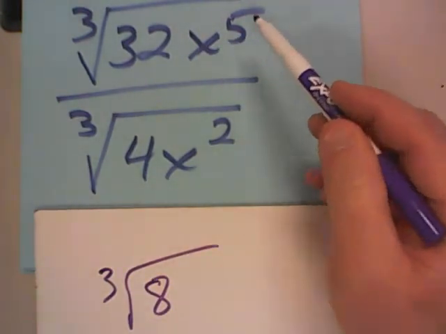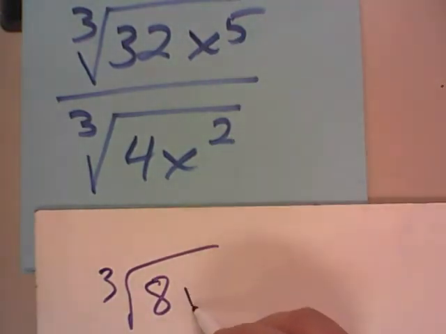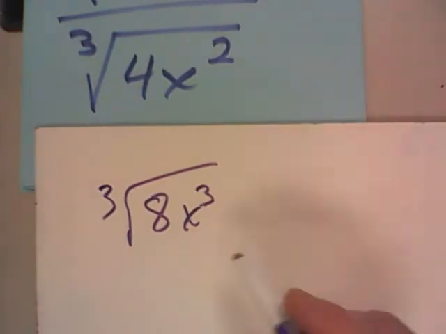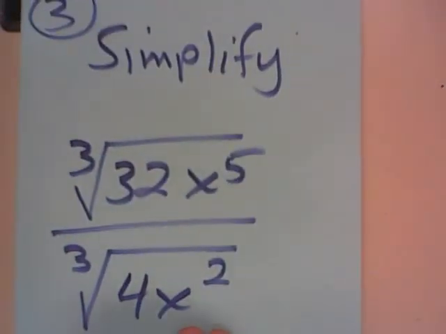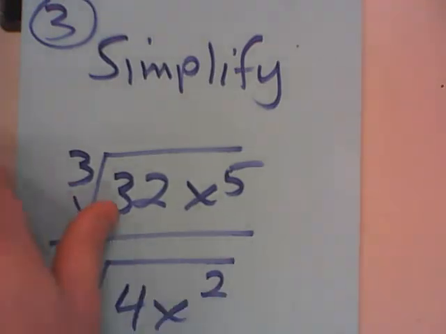And x to the fifth divided by x to the second is x to the third. So if we simplify the fractions, we get the cube root of 8x to the third. The cube root of 8 is 2, and the cube root of x to the third is just x. So our final answer for number 3 is 2x.